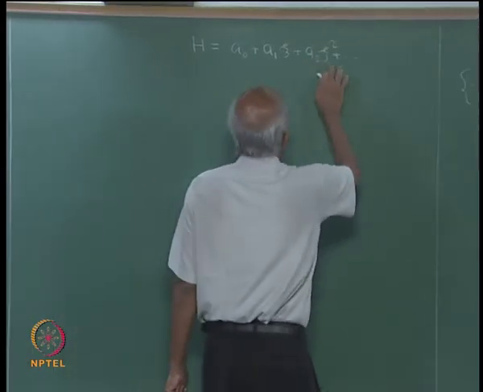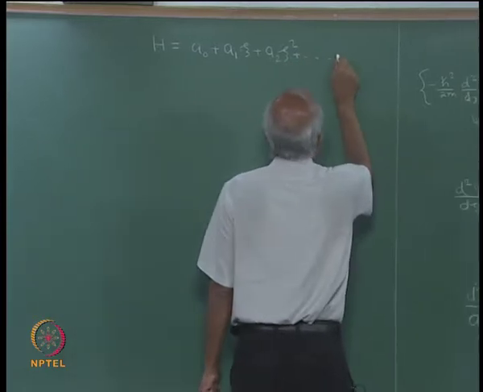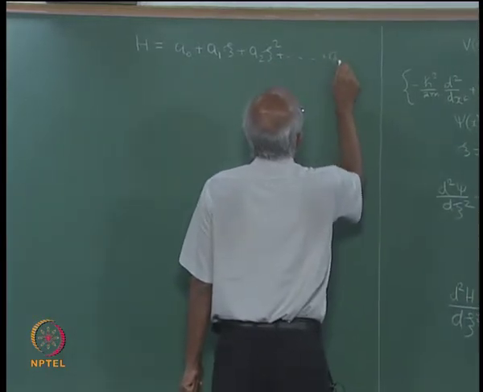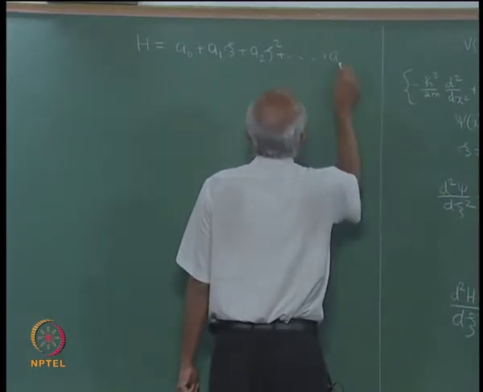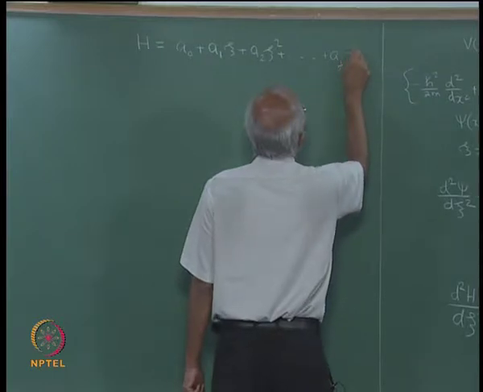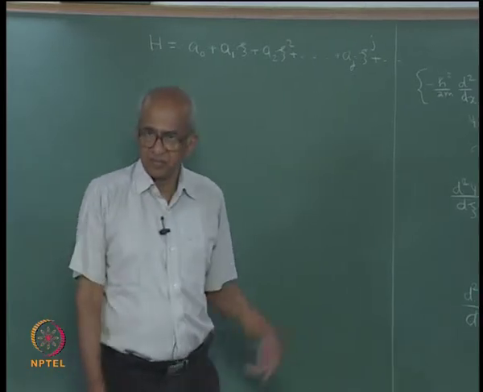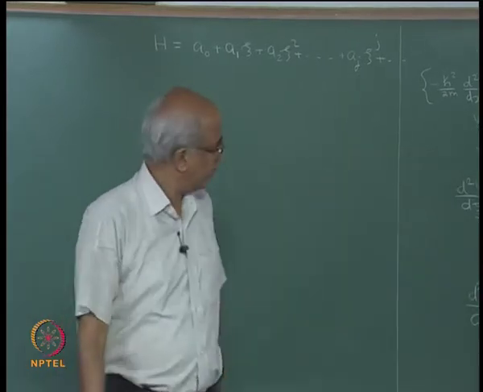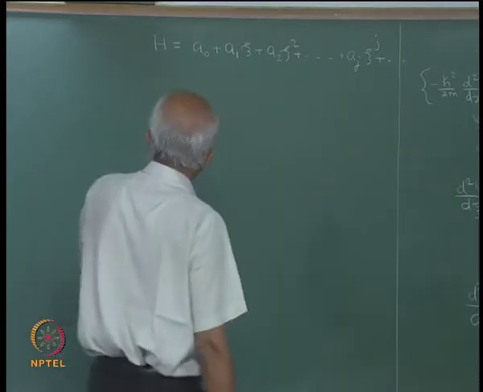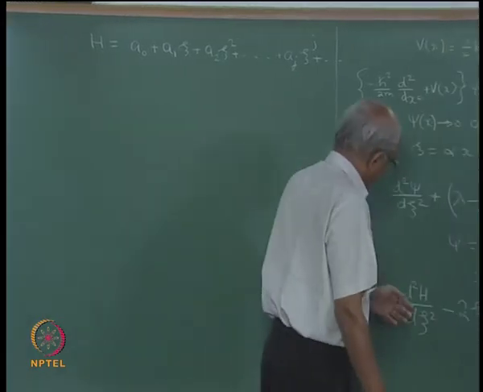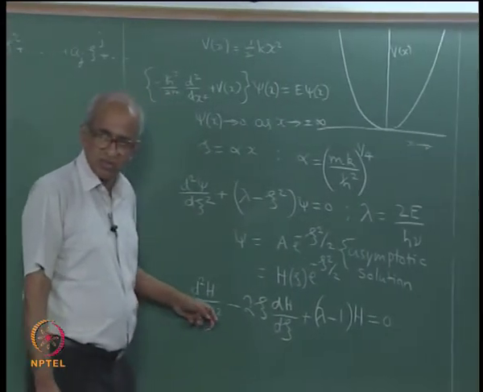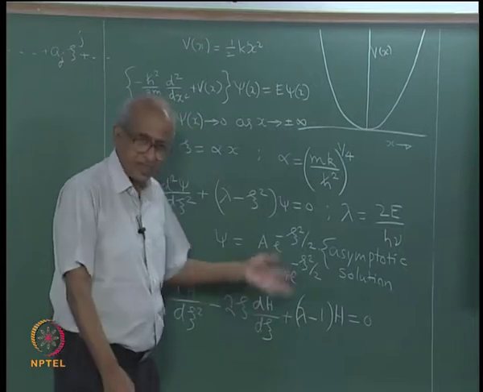So, what is going to happen is that you see here I will have a term like a j c to the power of j, and then of course it goes to infinity. That is the way the series is. So, what I am going to do is I am going to substitute this here, correct, and see what the result is.